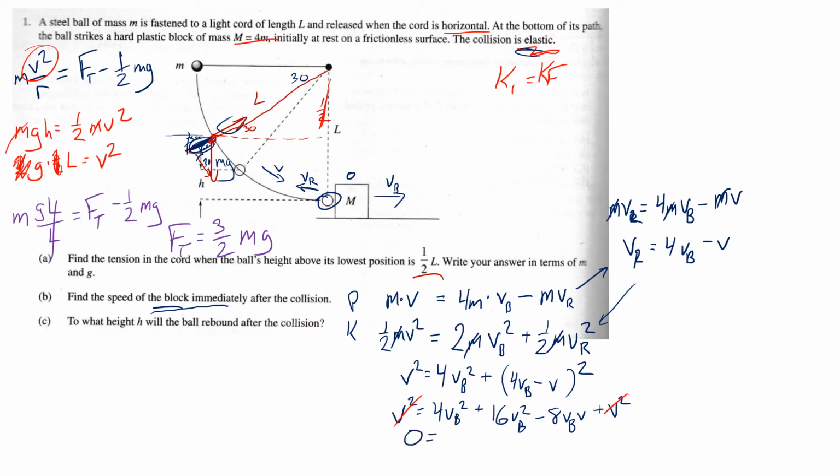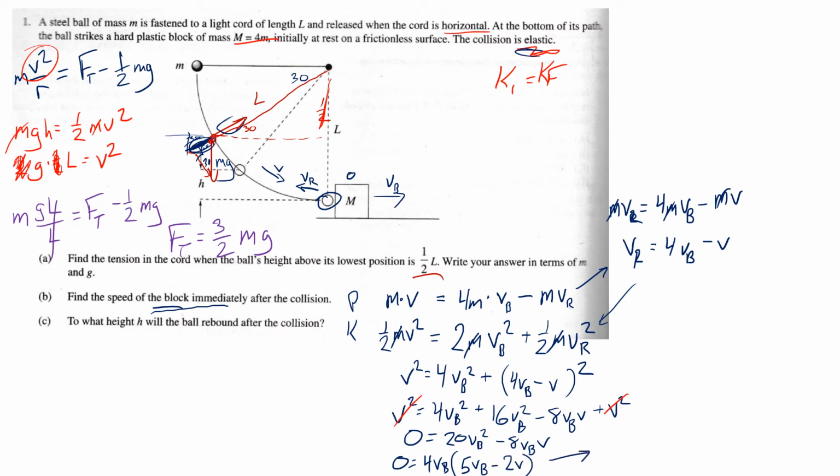So 0 is equal to 20 VB squared minus 8 VBV. All right, I know we're running short here, but we can factor this. So 0 is equal to, I'm going to factor out a 4 at the same time. So 4 VB, and then leftoverville, we've got 5 VB minus 2V.